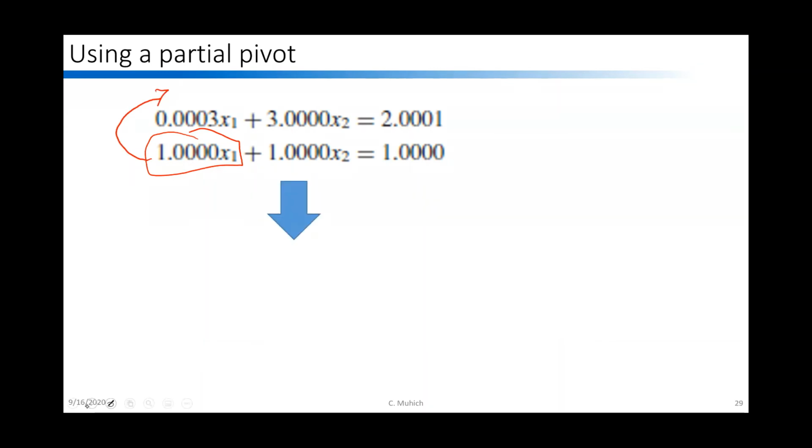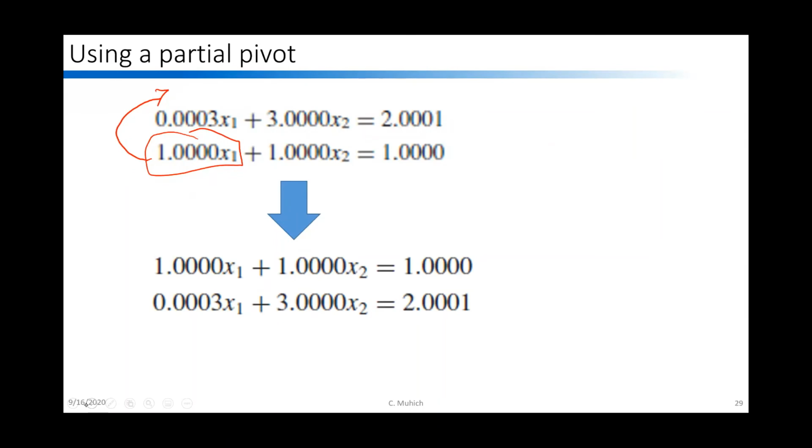All I've done is I've swapped rows 1 and 2. By doing so, we have the largest number up front. The biggest A11, the biggest variable in the first column, is in that first row.